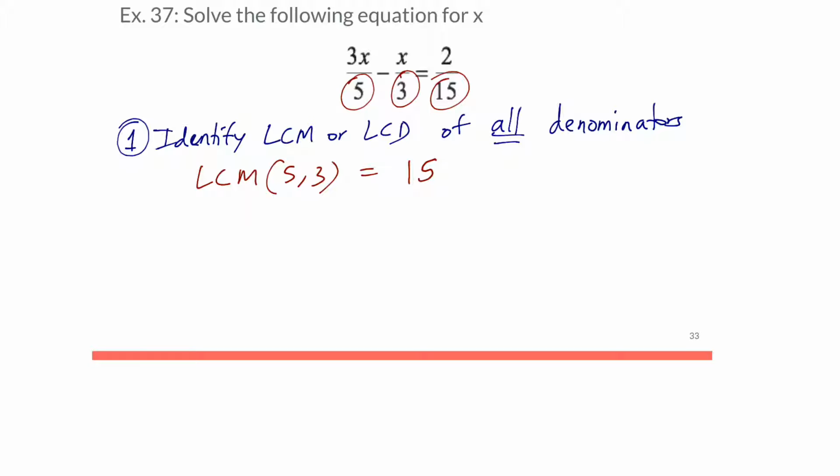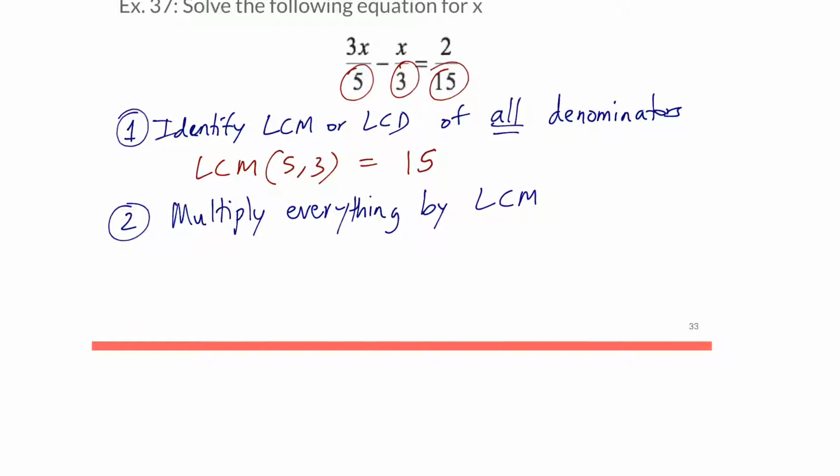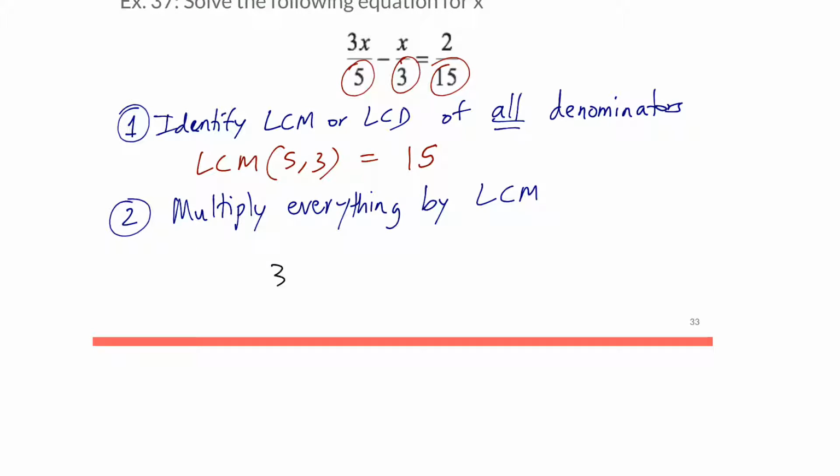Now, as soon as you find the LCM, here's what we do differently because we're dealing with equations. Instead of changing this to 15, changing that to 15, instead of doing that, we are going to multiply everything on both sides by the LCM. Everything. So we had 3x over 5 minus x over 3 equaling 2 over 15. That was the original equation.